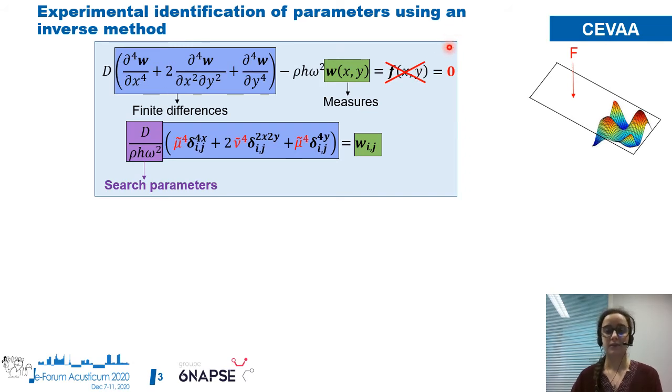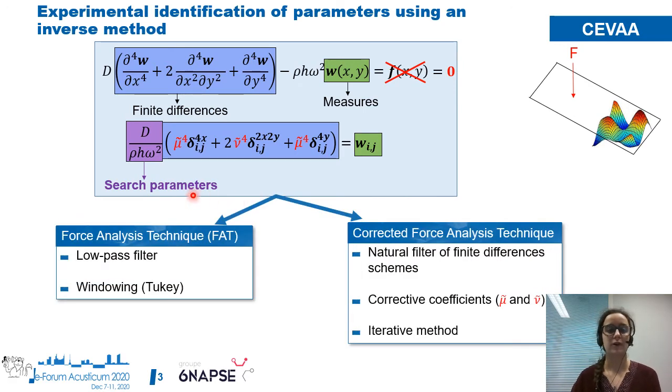This inverse method is noise sensitive. To limit the error provided by the noise, a regularization of the method is used. The first regularization is the force analysis technique, or FAT method. It relies on a low-pass filter and a 2K window to reduce the boundary effect of the filter.